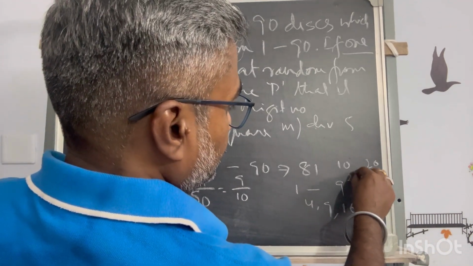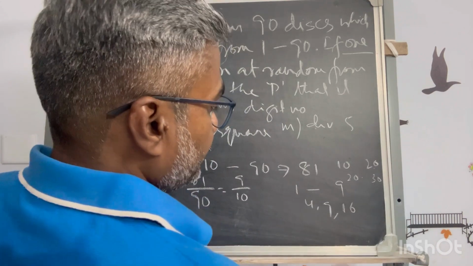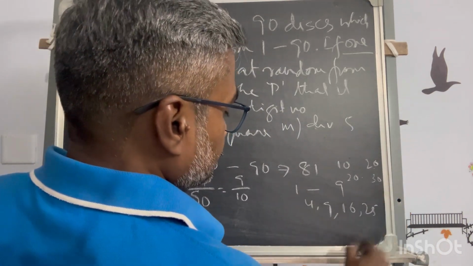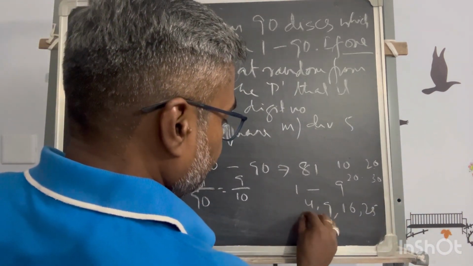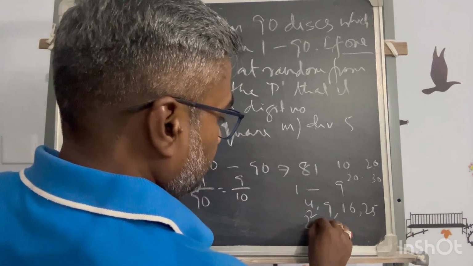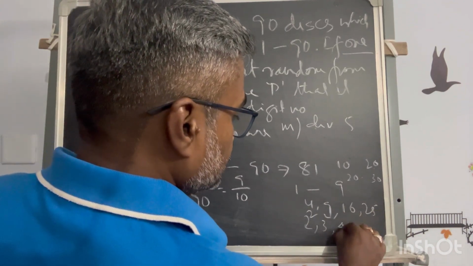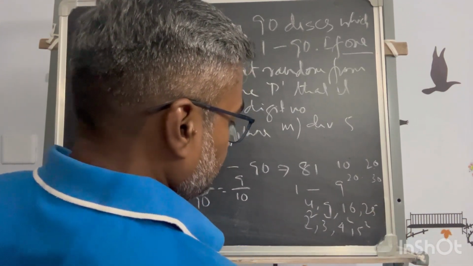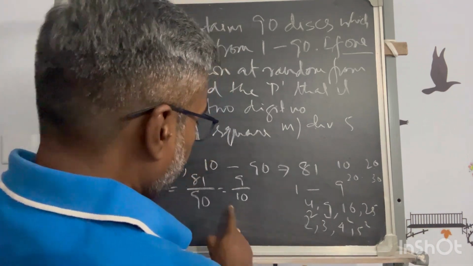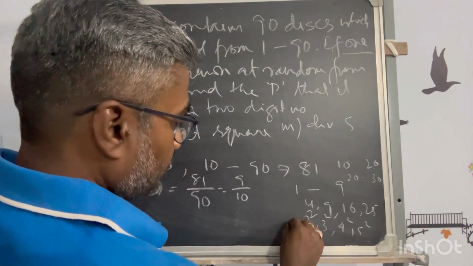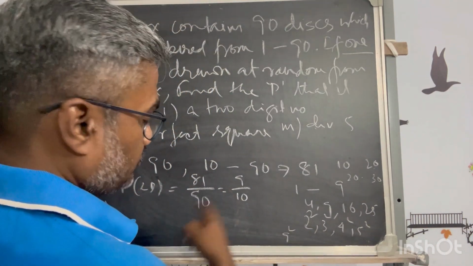Then from 20 to 30, your perfect square is 25. So if I see the pattern, 2 square, 3 square, 4 square, 5 square, like that. Till how many? Up to 90, which means 9 square will be 81. After that, 10 square means crossing 100.